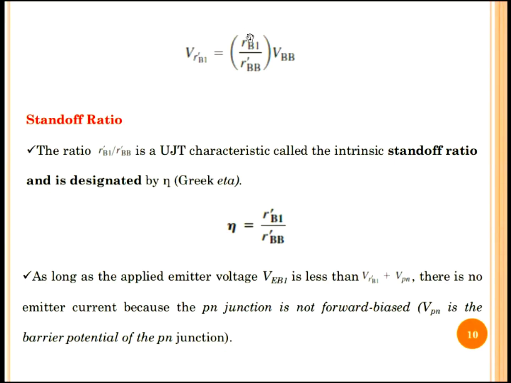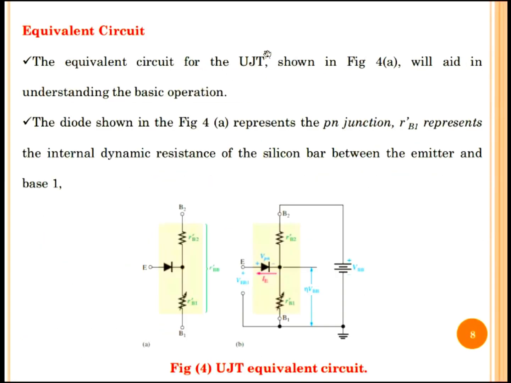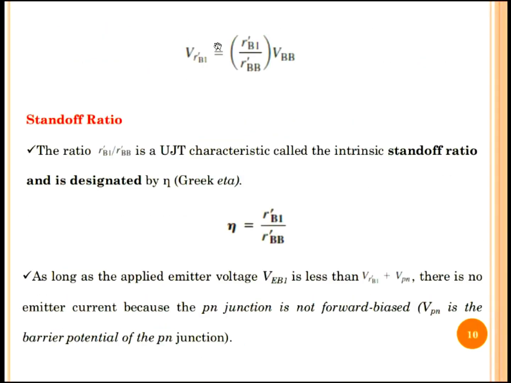That means the resistance of resistor 1, which forms between base 1 and the emitter terminal, divided by the total resistance, the combination of R'B1 plus R'B2, the total interbase resistance, multiplied by VBB, the power supply we give to the UJT to operate. If you multiply with that, you will get the voltage across the first resistance R'B1.